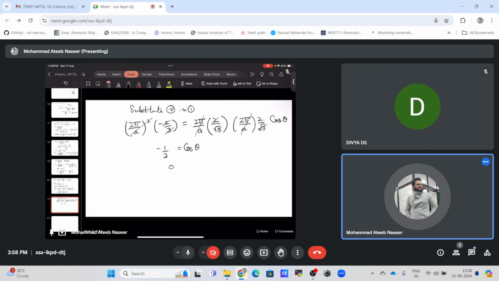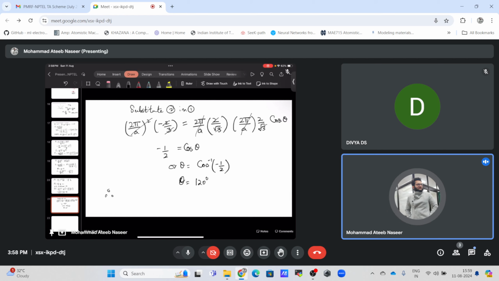Or theta is cos inverse of minus 1 by 2, which is simply 120 degrees. So the angle between reciprocal lattice vectors A and B is 120 degrees.